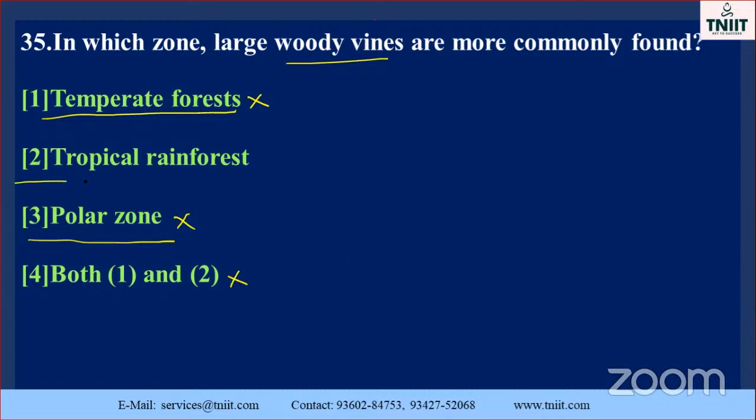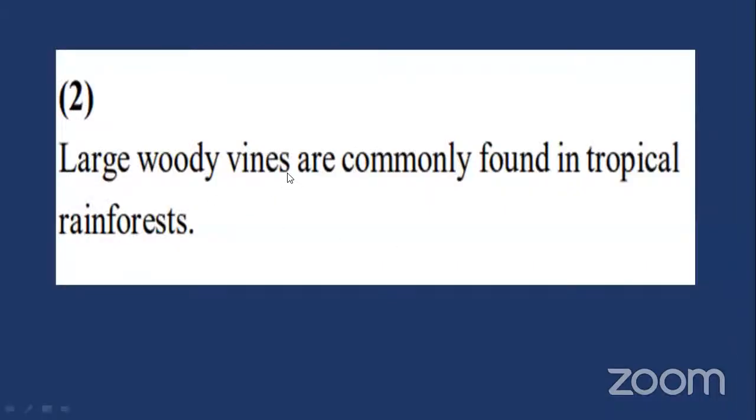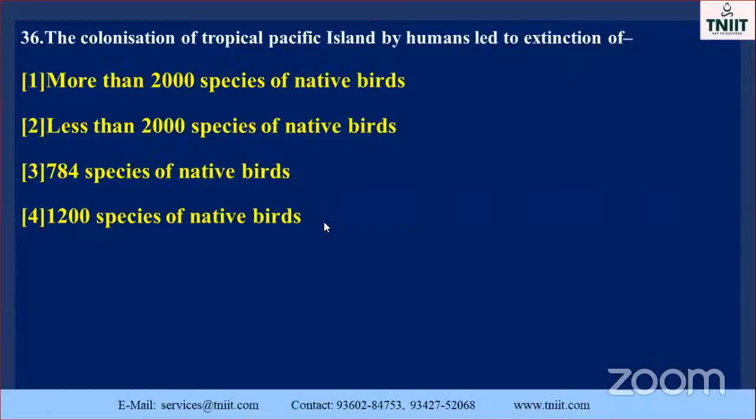So the option is the tropical region. Normally, the tropical rainforest, don't forget, large woody vines are more commonly found. Which zone they asked? Tropical. This is also a direct question. The large woody vines are commonly found in tropical rainforest only.